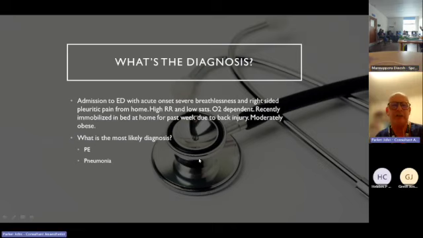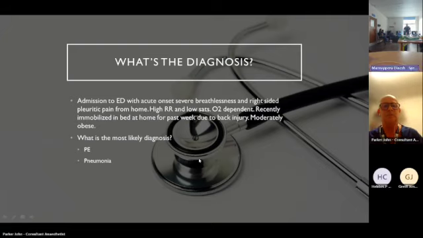Hands up if you think it's a pneumonia. Mike Little. Okay, you're on your own, Mike. Not the first time. Okay, so there seemed to be pulmonary embolus was the most likely diagnosis.